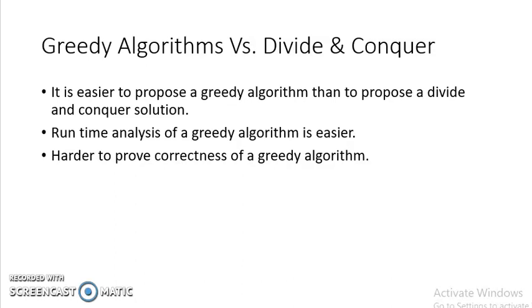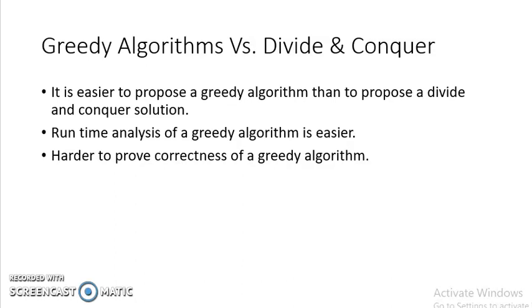So let's first see a small comparison between greedy algorithms and divide and conquer. It is easier to propose a greedy algorithm than to propose a divide and conquer solution for a problem. You'll see in the rest of the lecture why it is so. Now, as it is easier to propose a greedy algorithm solution, it is also easier to do the runtime analysis or the time complexity analysis of the greedy algorithm.